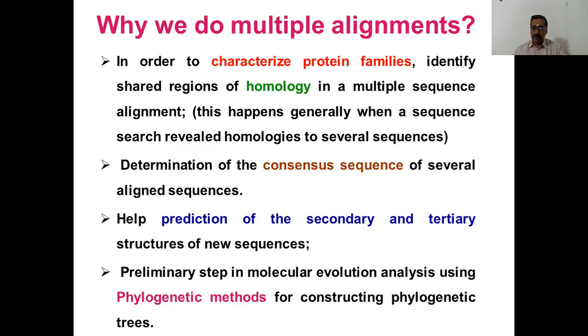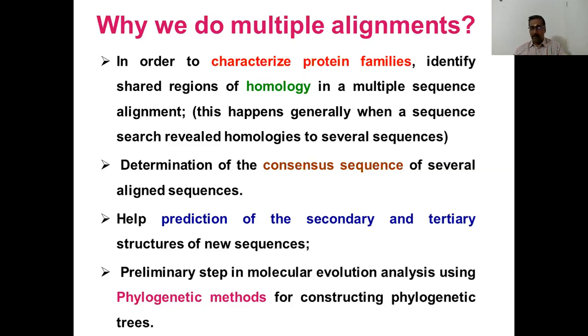And finally, after doing multiple sequence alignment, you can extend to phylogenetic analysis. You can construct a phylogenetic tree. Based upon the phylogenetic tree, you can infer the evolutionary history of the selected species, as well as the neighborhoodship or similarity existing between these species.